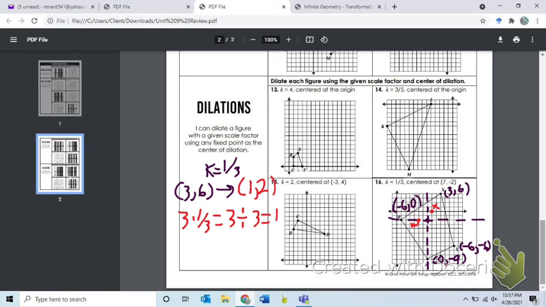These are in relationship to the center of dilation, not the actual origin. So (6, -6) becomes (2, -2) for Y prime, and (0, -9) becomes (0, -3). And we graph it, and it does in fact look like a third scale of the pre-image.